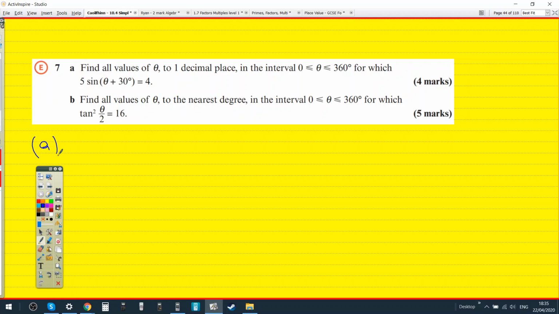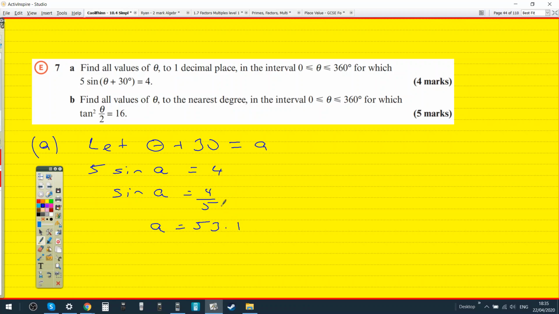So now if we let theta plus 30 equal A, great, then sine A equals 4 over 5. Then A is equal to 53.1.